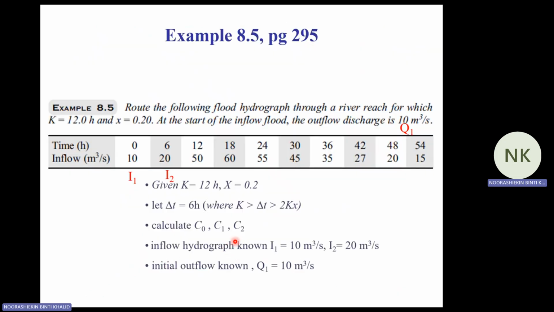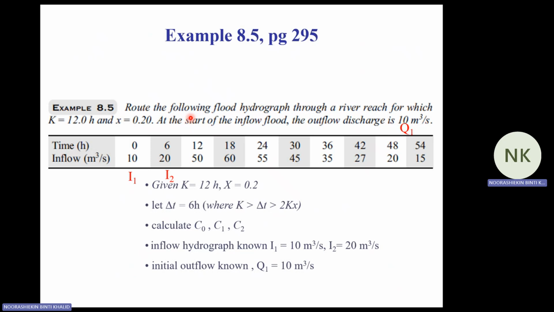First example, example 8.5: route the following flood hydrograph through a river reach for which K equals 12 hours and X equals 0.2. At the start of the inflow flood and outflow discharge, we call this Q1, because it is at the start.